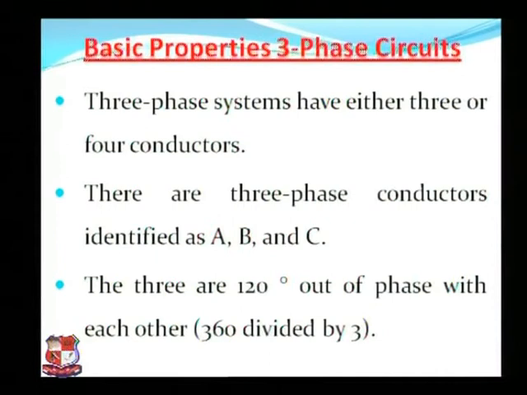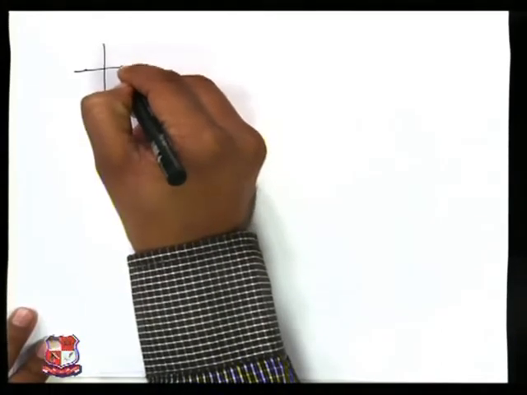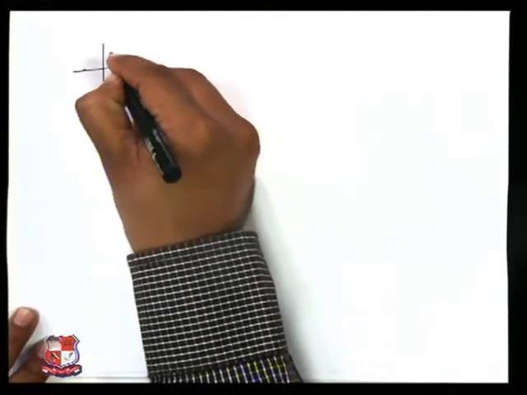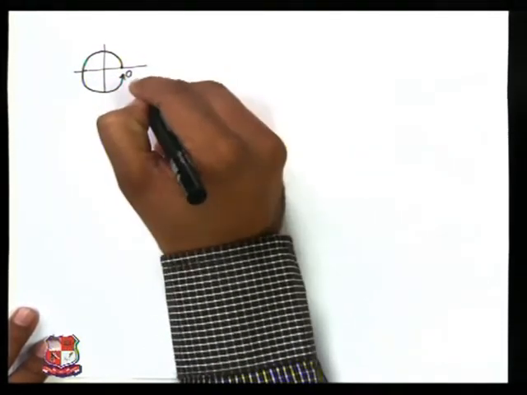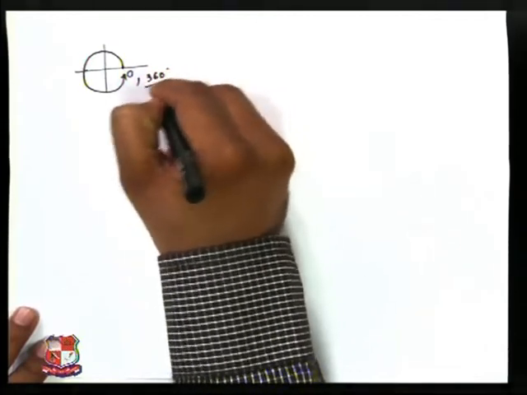The total time duration of the current conduction period is 360 degrees. So why is it 120? See, the current always starts from, suppose, the 0 position, and it has to complete one cycle, which is 360.